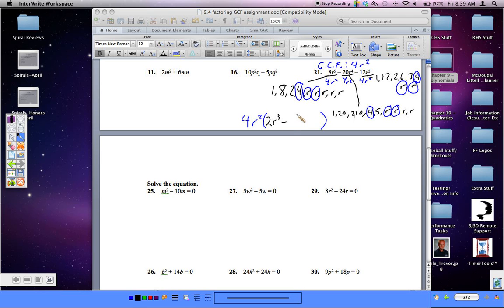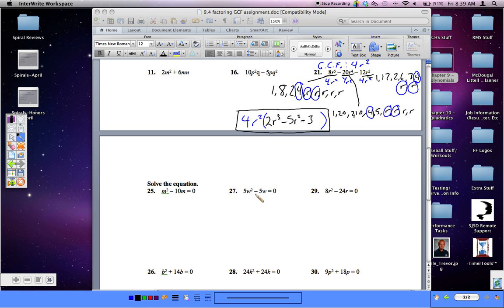Minus 20 divided by 4 is 5. R to the 4th divided by r to the 2nd is r squared. And then 12 divided by 4 is 3. Notice I just brought that same sign down that was there. And r squared divided by r squared leaves no r's remaining, so this is as good as our answer can get.